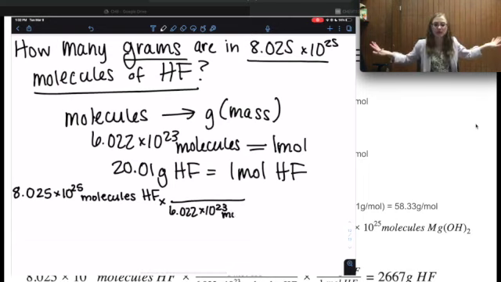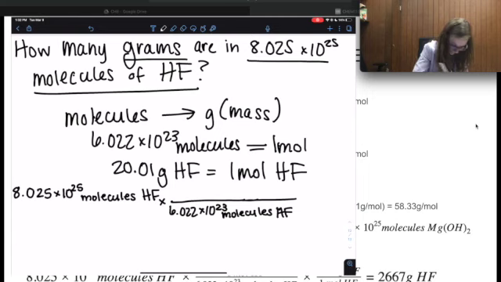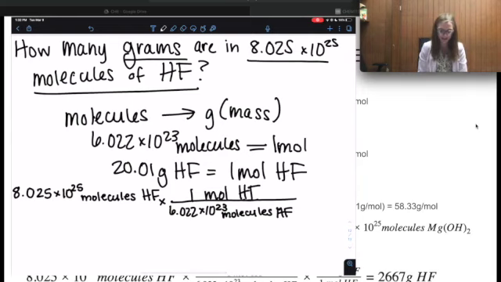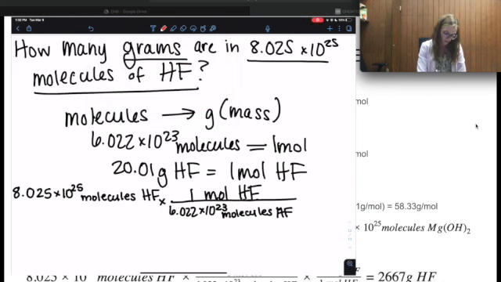They're going to cancel each other out. So 6.022 times 10 to the 23rd molecules of HF. And for every 6.022 times 10 to the 23rd molecules of HF, we have 1 mole.